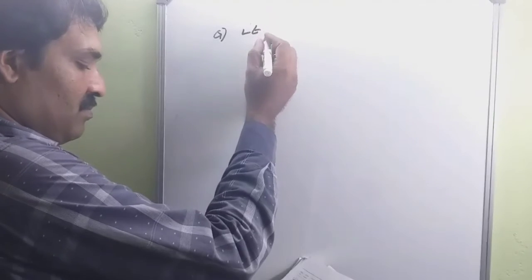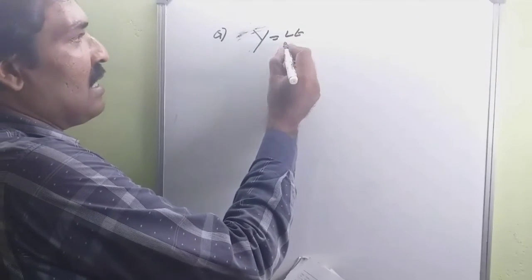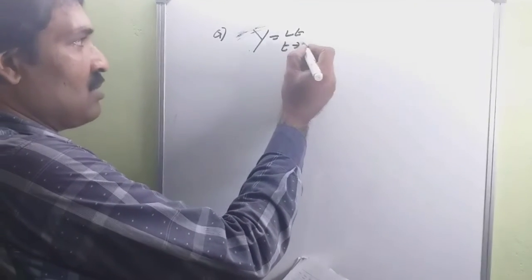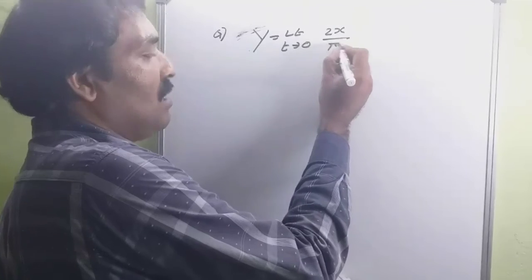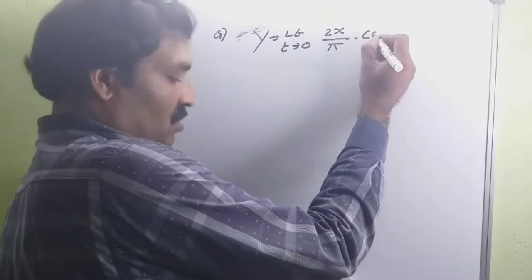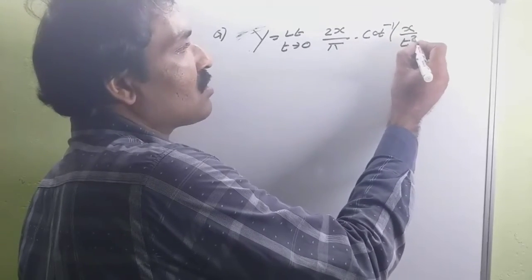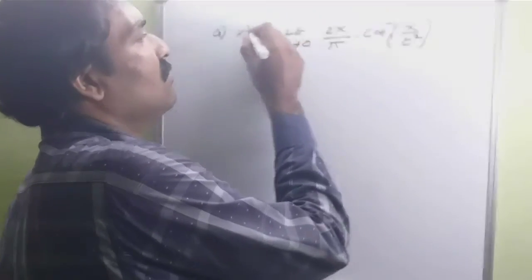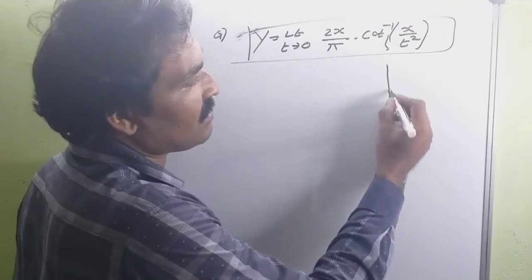Limit y is equal to limit t tends to 0 of 2x divided by pi into cot inverse of x by t square. Okay. Let us draw the graph of cot inverse x.